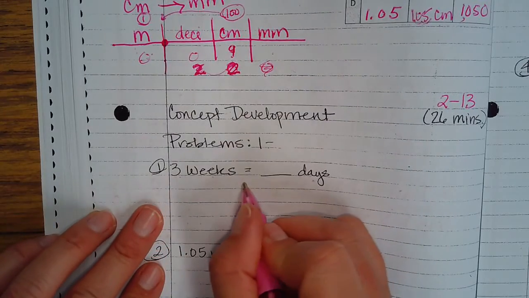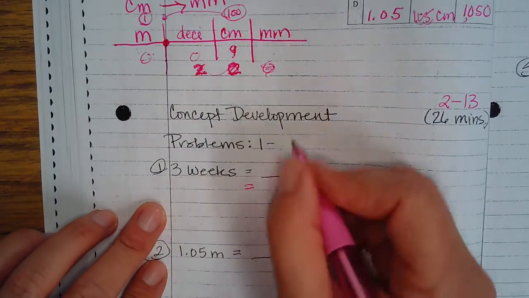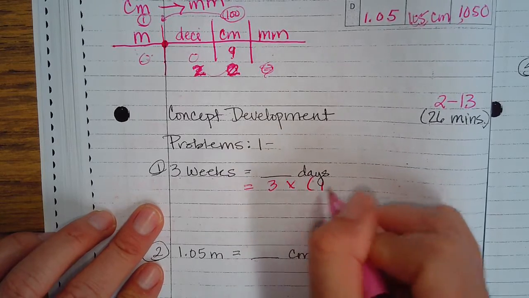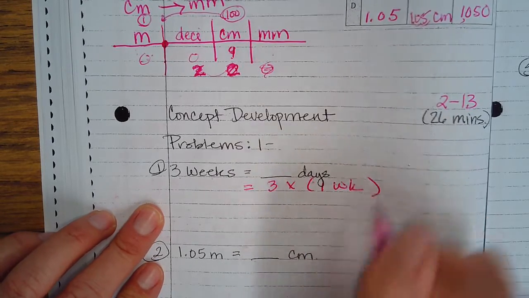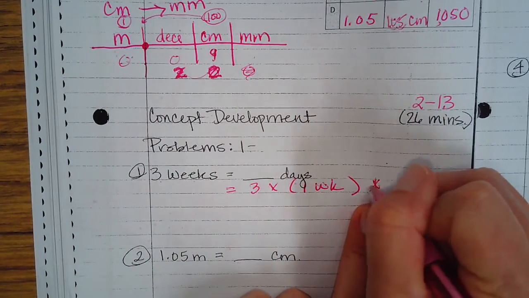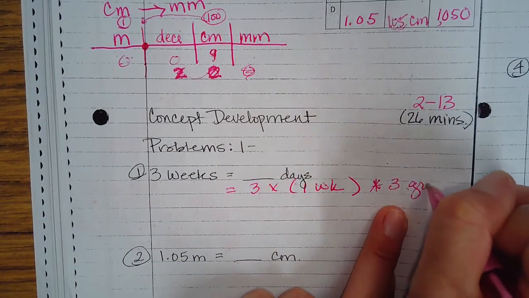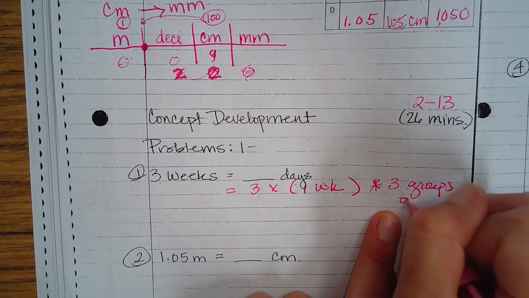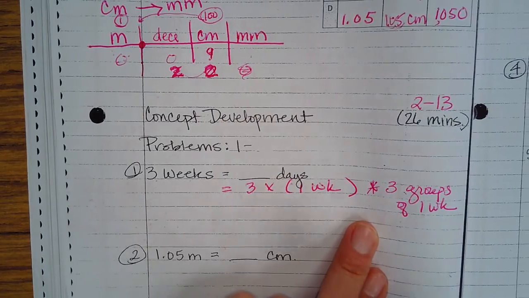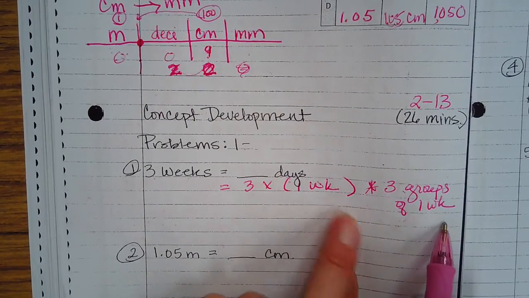So 3 weeks is 3 times 1 week, right? Yes. So this is like saying 3 groups of 1 week.